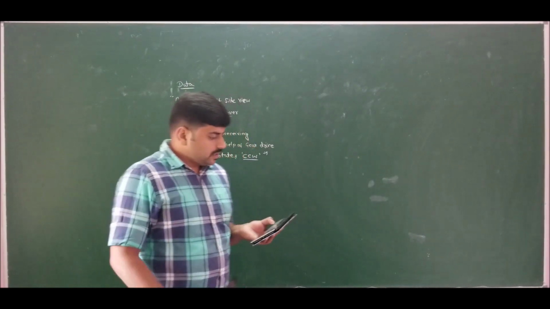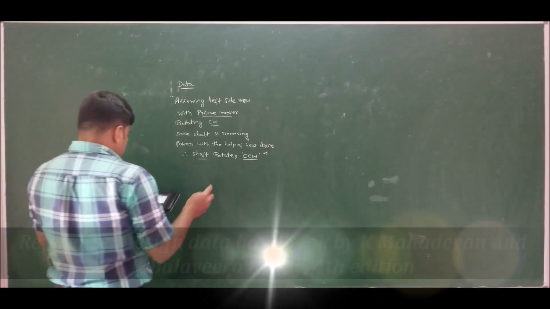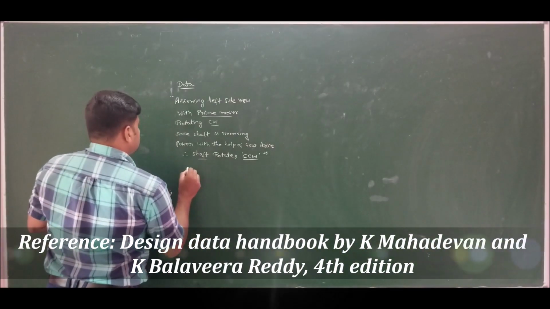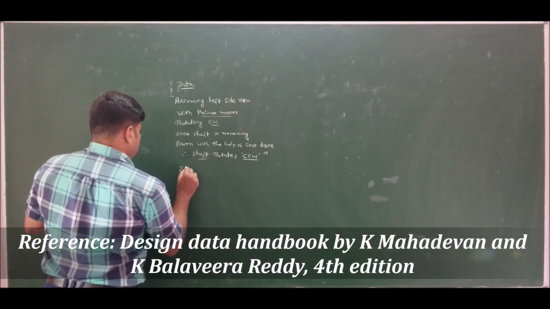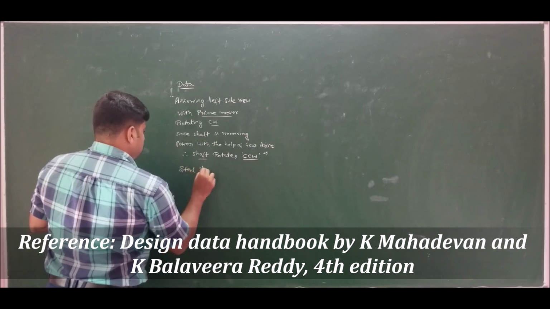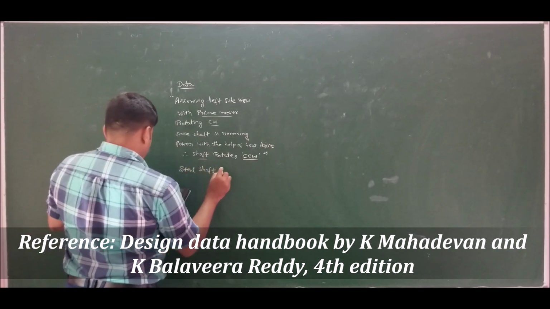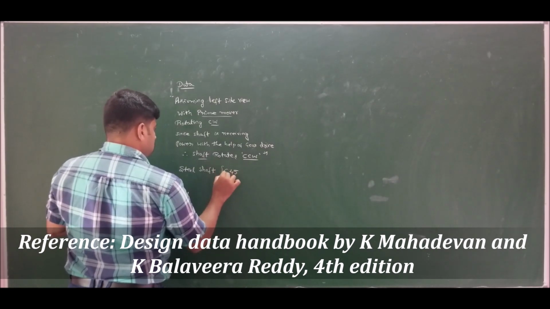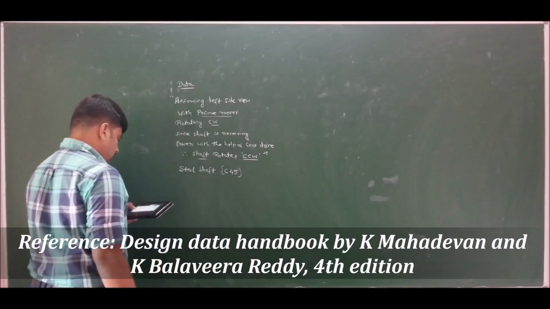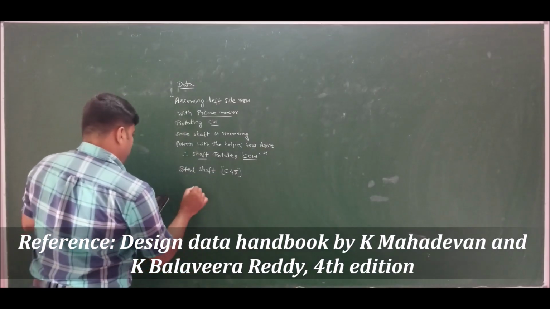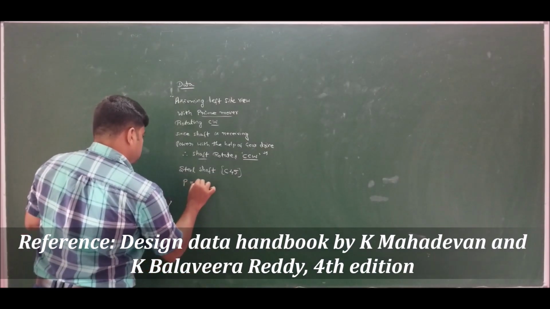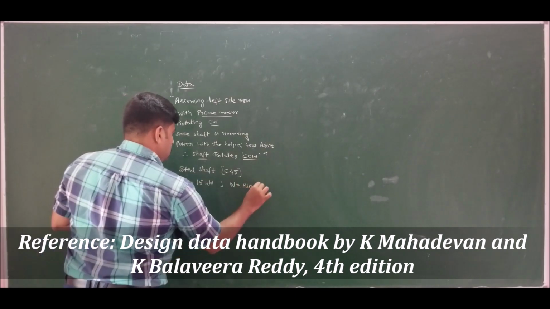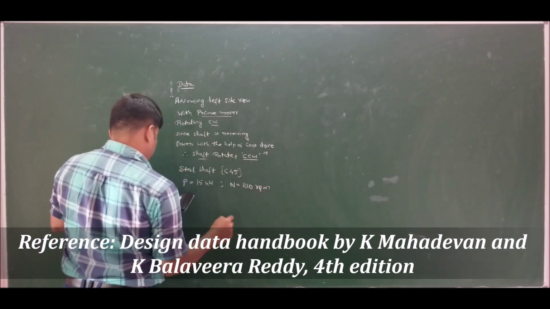Let us continue. We have a steel shaft of C45. He has given the material, he has not given the yield stress. We should take it from the data book. Transmitting a power of 15 kilowatts at 210 rpm.